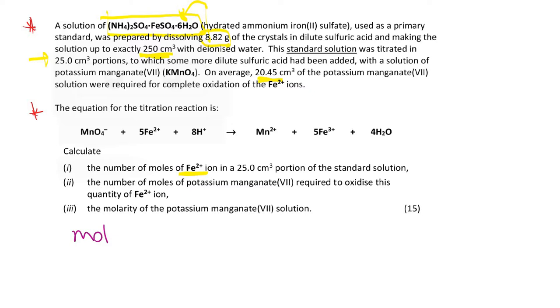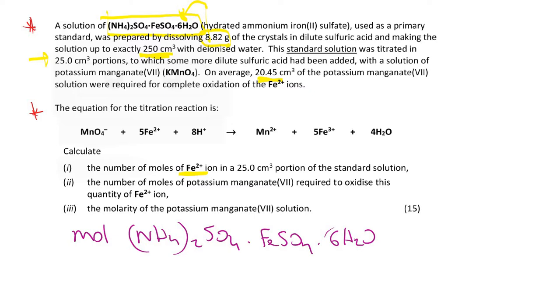So we're going to work out the number of moles of (NH4)2SO4.FeSO4.6H2O. Don't worry about those dots there. Here we've just got water of crystallization. We're not going to worry about it.